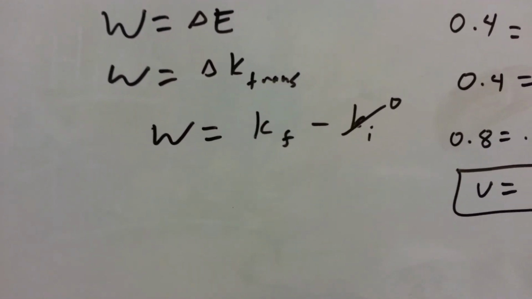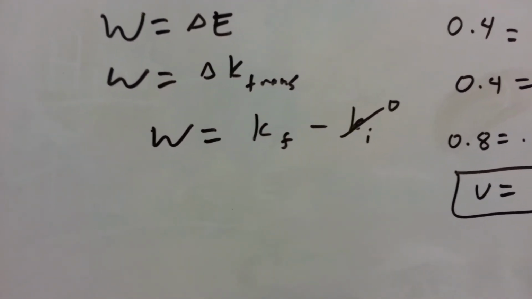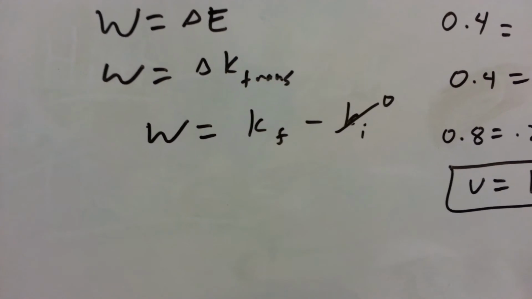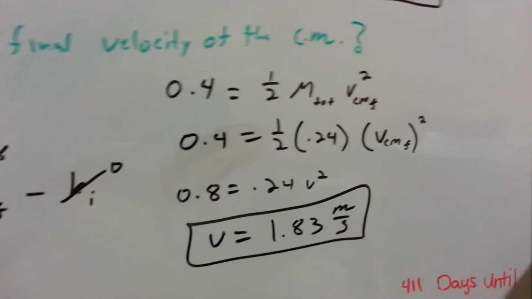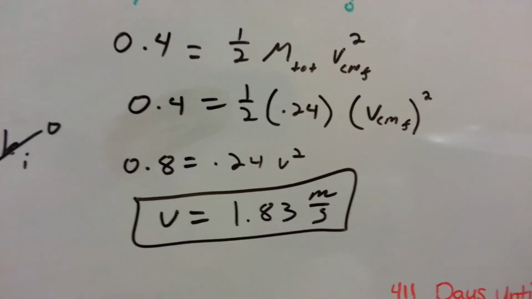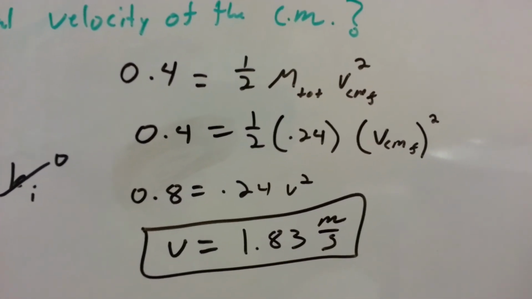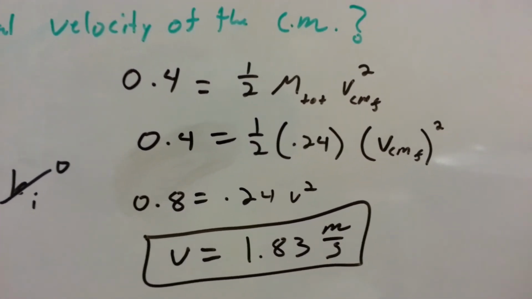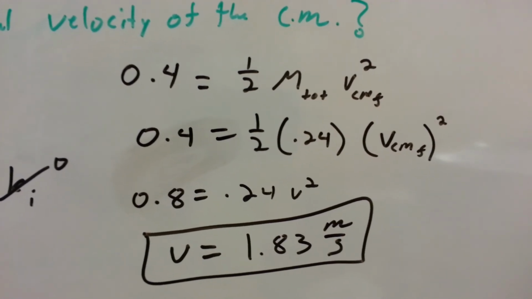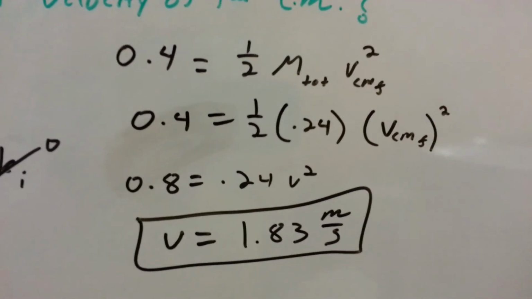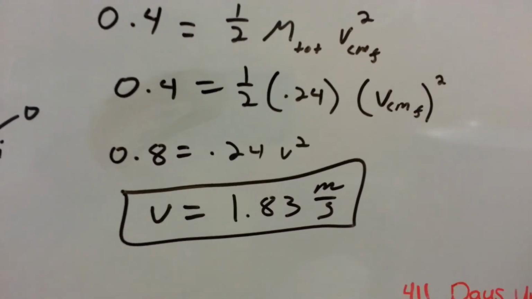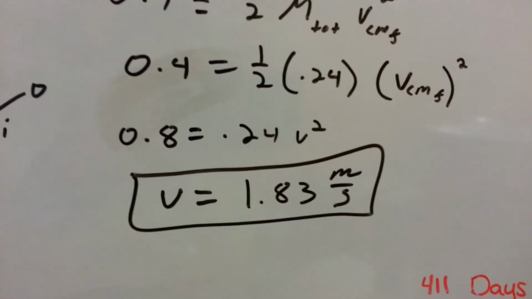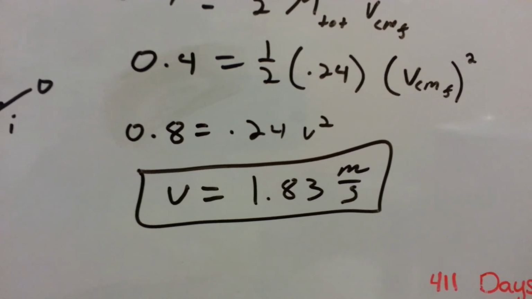So then we get, as previously told, work equals K final minus K initial, but K initial is 0. Then we can expand our kinetic energy to 1/2 mass total times v squared center of mass final, and we can go through the algebraic steps to find the velocity of the center of mass final, which then equals 1.83 meters per second.